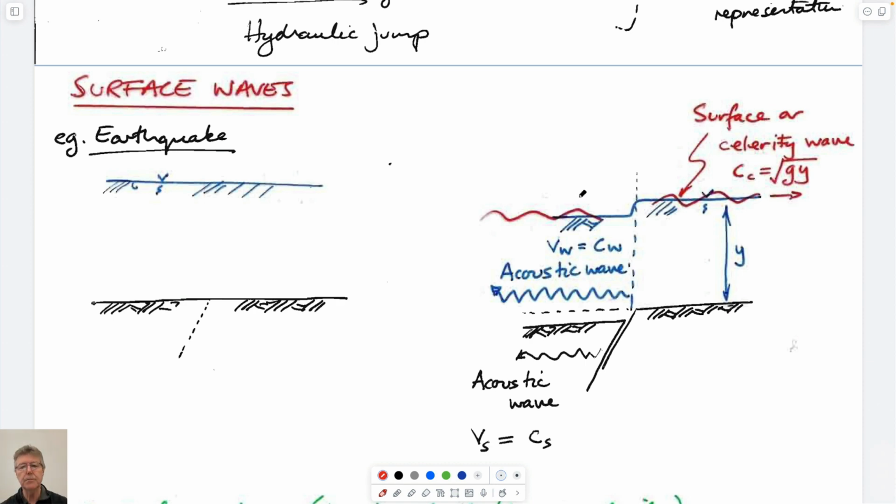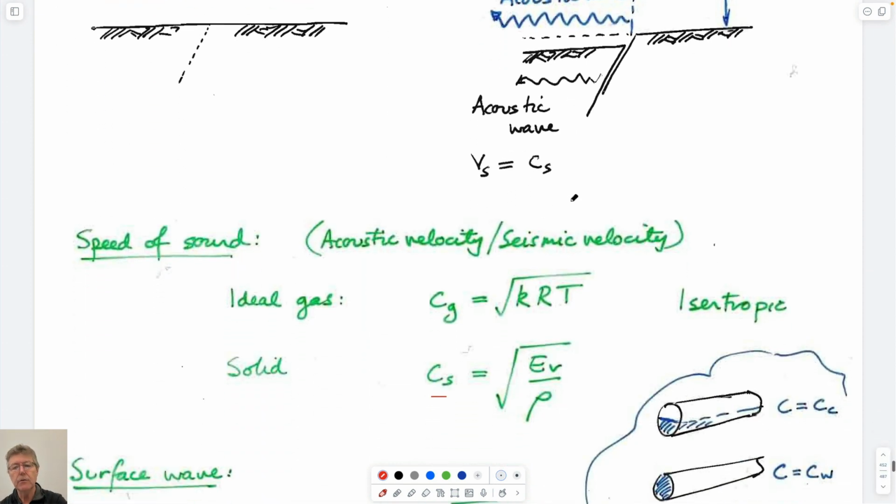We know that in the atmosphere, you listening to me, you're hearing me at some wave speed, 600 miles an hour. We know that the modulus of air or any gas, E gas, is equal to the pressure. And so we can substitute this with the pressure here. And we know that pressure is equal to rho RT.